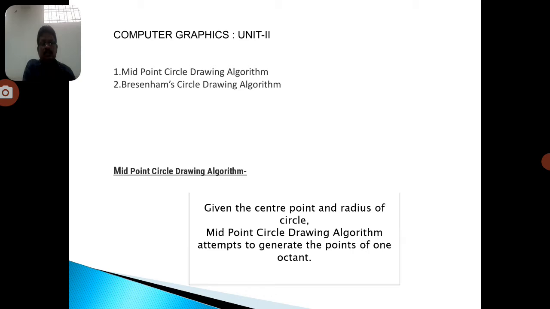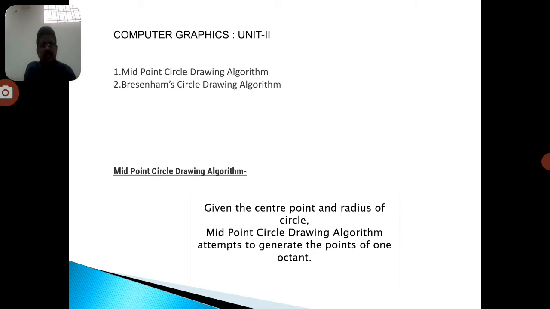Quadrant 1, quadrant 2, quadrant 3 and quadrant 4: these 4 quadrants are in anti-clockwise direction. We can divide quadrant 1 into two halves, octant 1 and octant 2. Similarly, quadrant 2 has octant 3 and octant 4, quadrant 3 has octant 5 and 6, and quadrant 4 has octant 7 and 8.